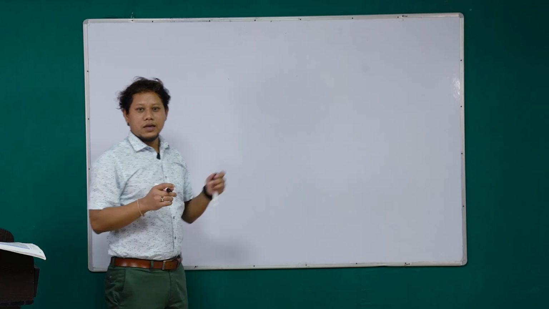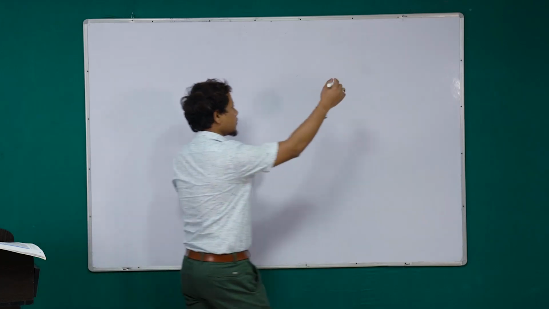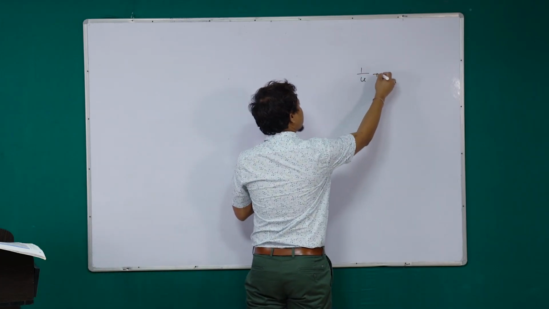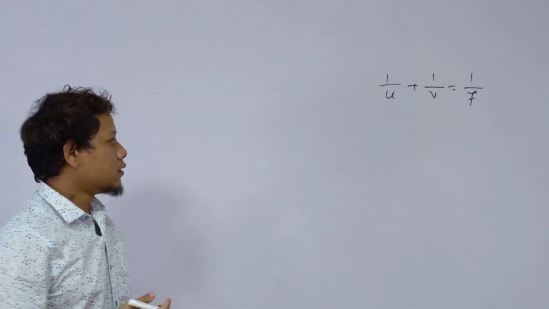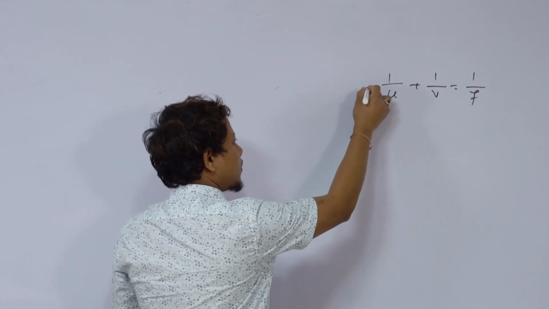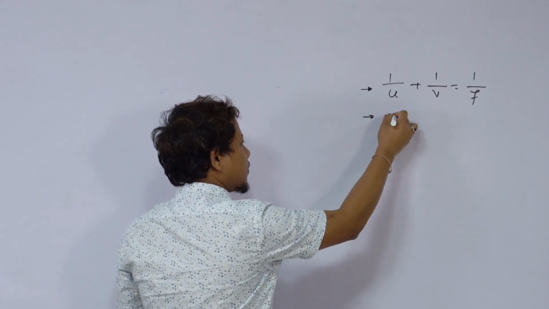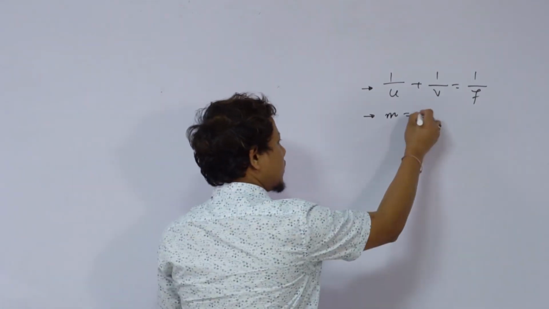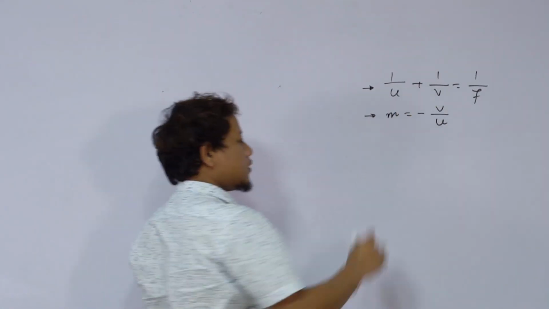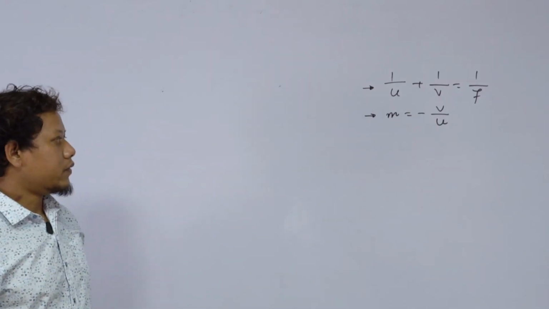So already we have derived the mirror equation, that is 1/u + 1/v = 1/f. Is it clear? And we have derived the expression for magnification, the linear magnification m = -v/u.